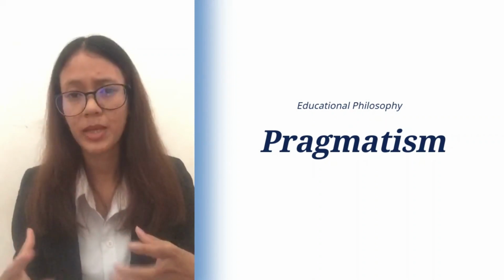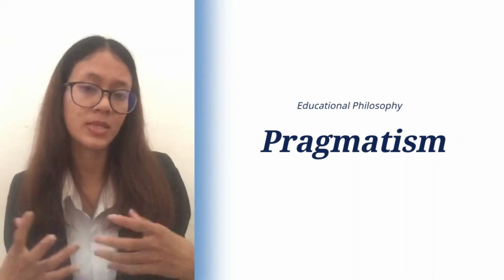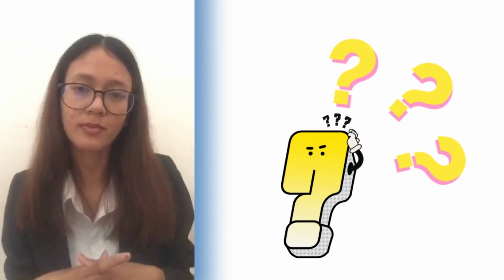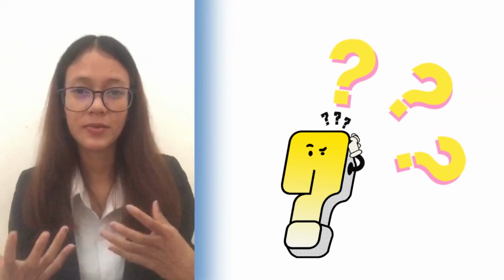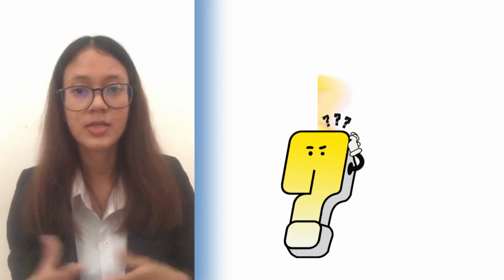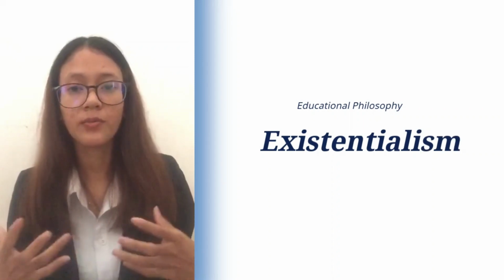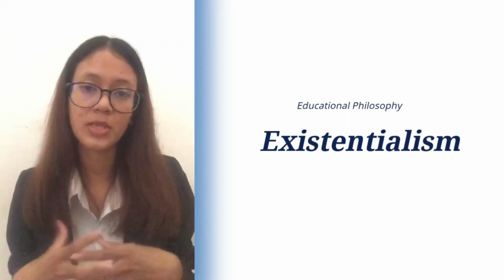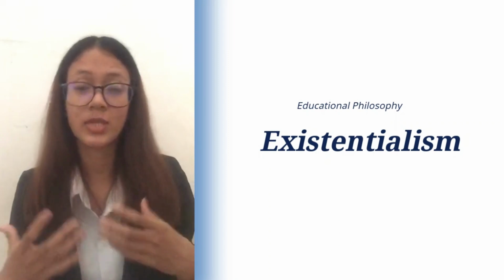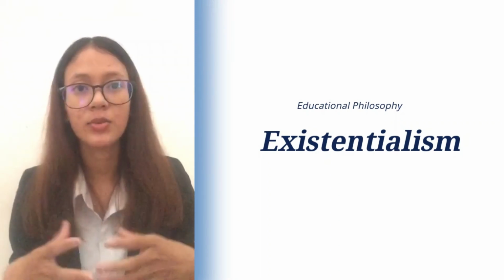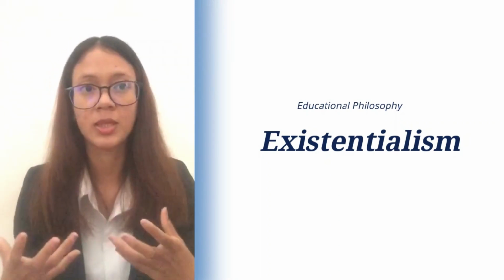So just like pragmatism philosophy, progressivism education is an experimental process to promote practical experience by questioning and testing. And another philosophy that influenced progressivism education is actually existentialism. So along with pragmatism, progressivism also focuses on the students' interests and needs during their hands-on experience as well.